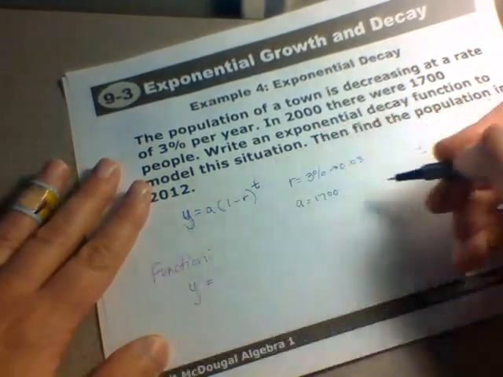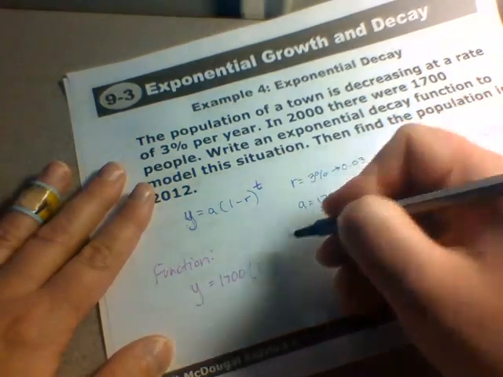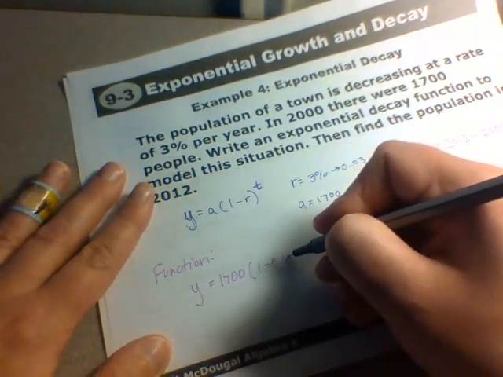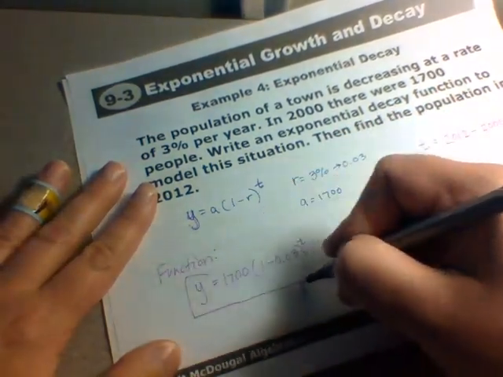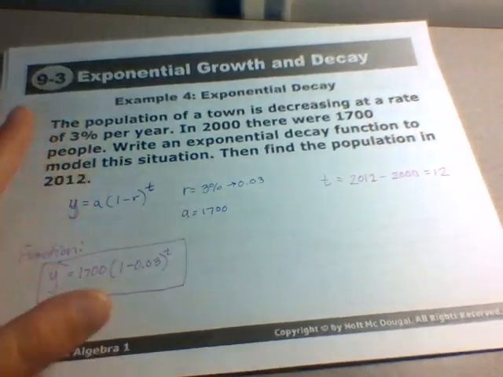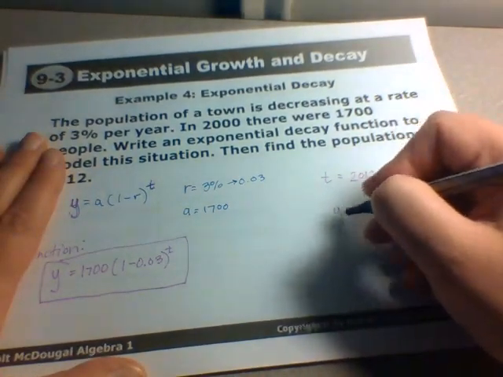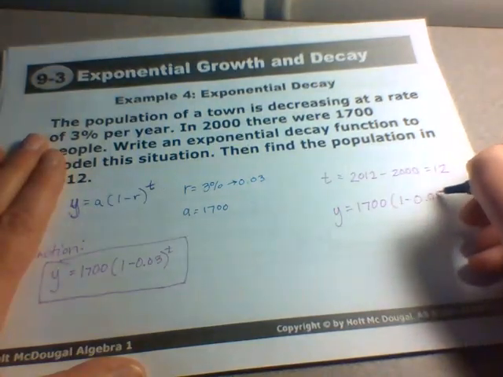And then we're going to plug in our a of 1,700 and our r of 0.03 and raise that to the t. So this is our function, but then of course we're going to evaluate our function at the number 12 to find out what happens after 12 years.